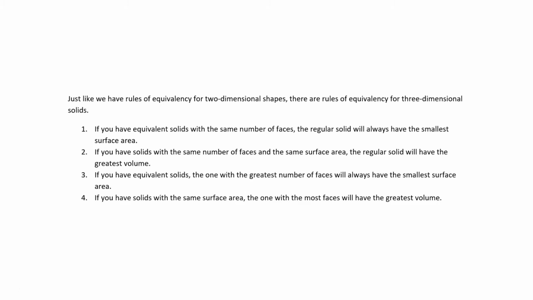That meant that an octagon with 8 sides was closer to being a circle, and therefore if it had the same area as a pentagon, a 5-sided shape, it would have a smaller perimeter. And similarly, if the perimeter of an octagon was the same as the perimeter of a pentagon, then the area of the octagon would be greater than that of the pentagon.